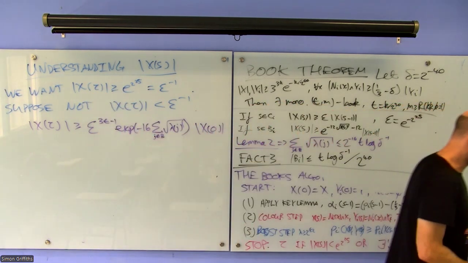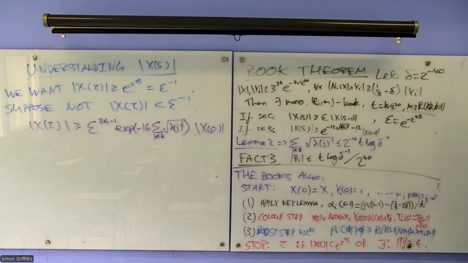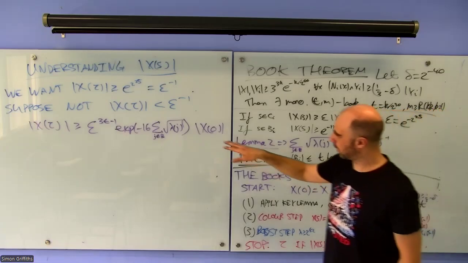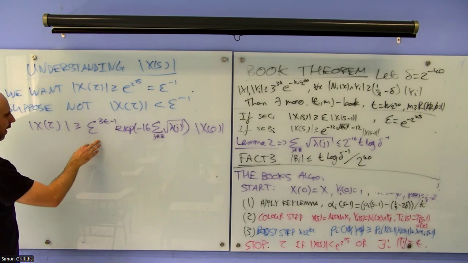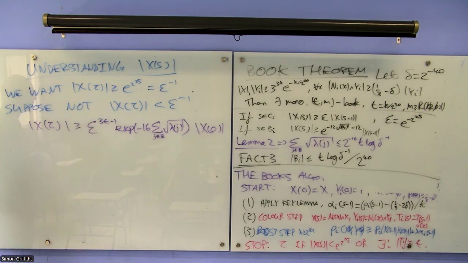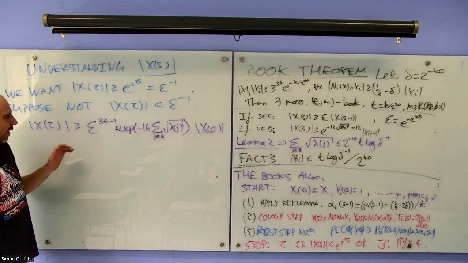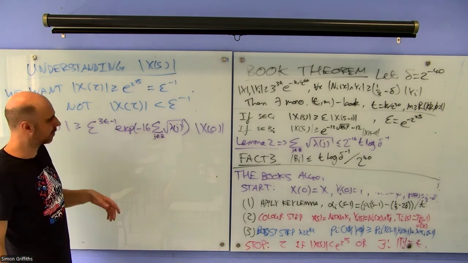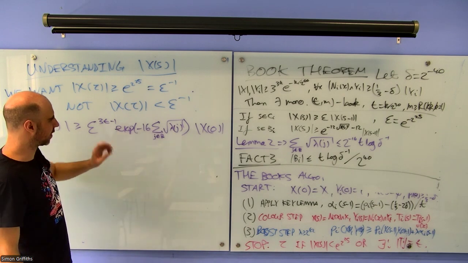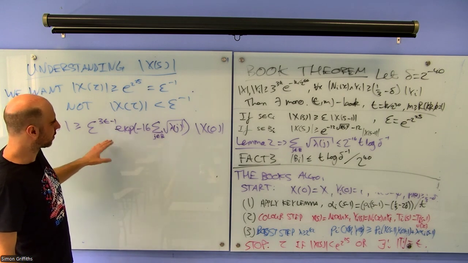Because we're counting all the ways, all the multiples x might have decreased since the start of the process until this point. You go down by epsilon in the color steps, but you had less than 3t of those. And you go down by e to the minus root lambda in the boost steps, 12 or 16, whatever. And so you have this.